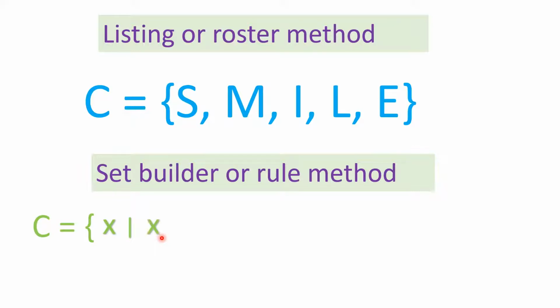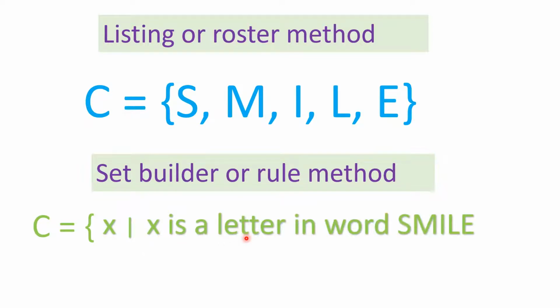Let us see. x is a letter in word smile. So x satisfies the condition of being a letter in word smile, and that gives x the membership of set C. Then we close the curly bracket and we have written the set in the set builder form.